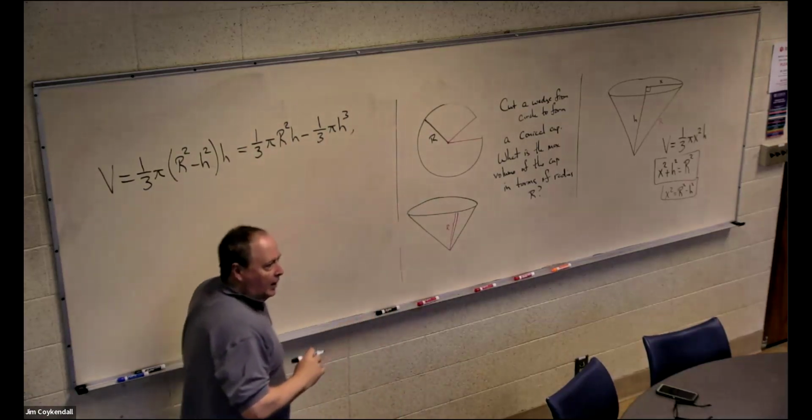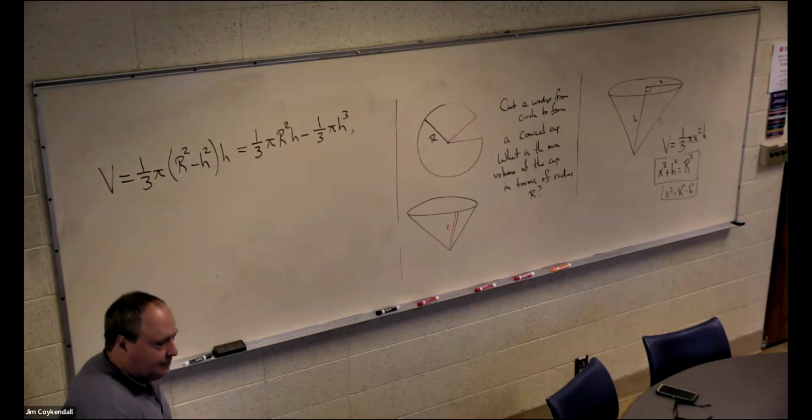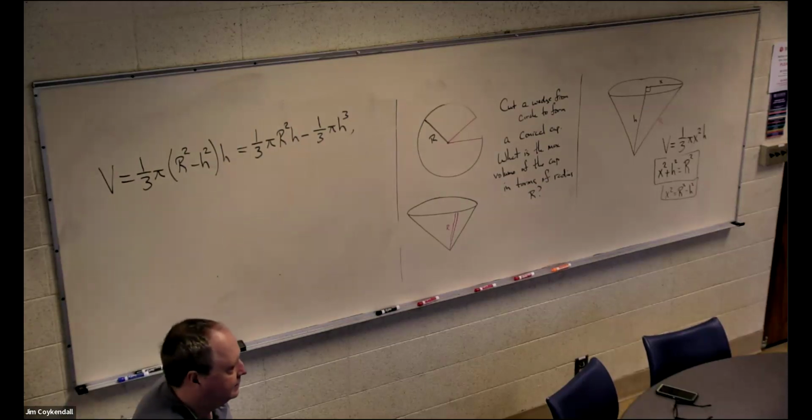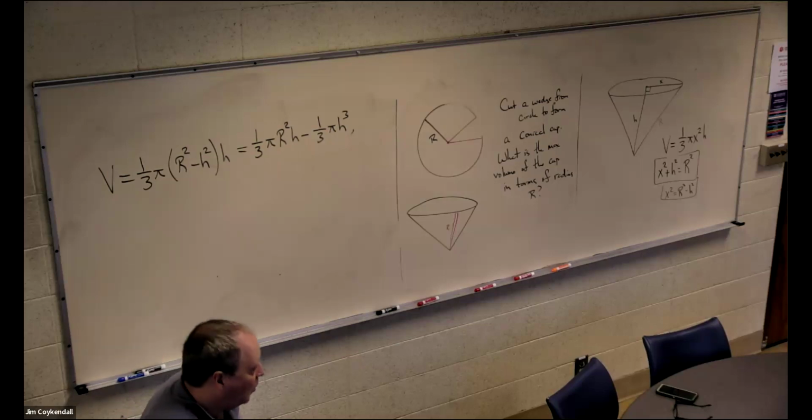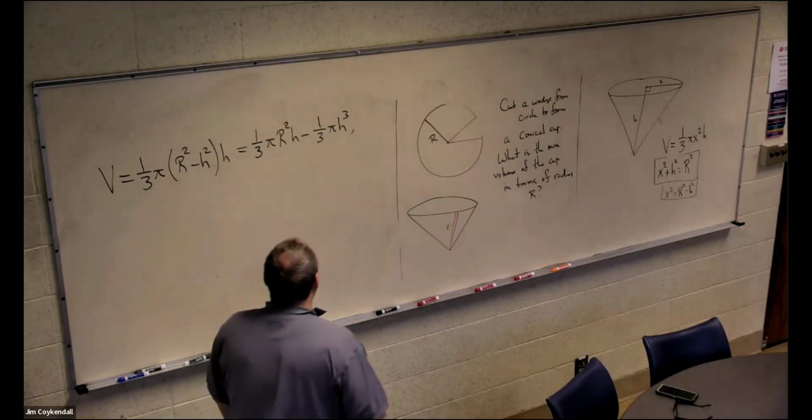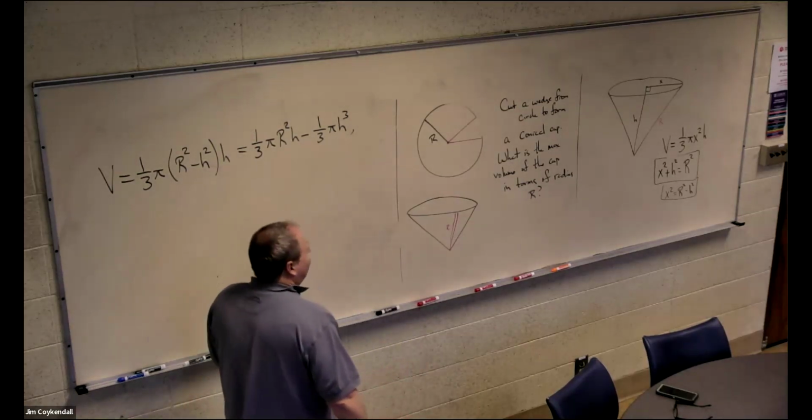What should we do at this point? Well, let's not get ahead of ourselves. Remember, one of the things that you should always do in these kinds of problems is ask yourself, what's the playground? What are the values for h that are appropriate?